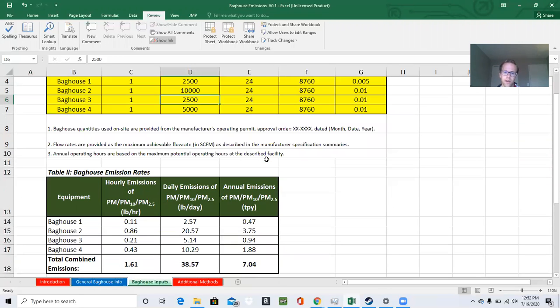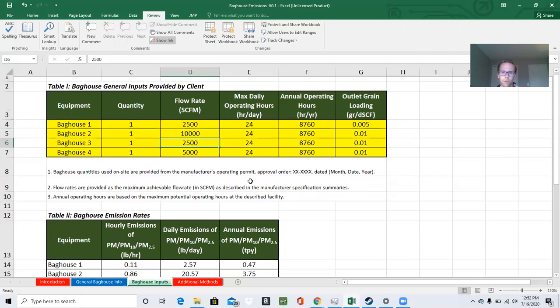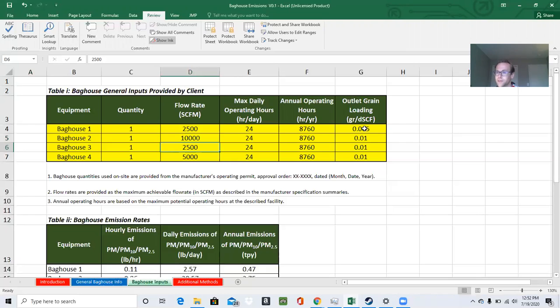But going on our emission calculations, we start with the grain per dry standard cubic foot outlet grain loading rate. With that rate, we're going to convert into a pound per hour basis. From pounds per hour, we're going to convert to both pounds per day and tons per year. The reason we get these 3 different values is if you are required to perform modeling for your permit application, you need to show that your grams per second rate is not exceeding the applicable threshold.